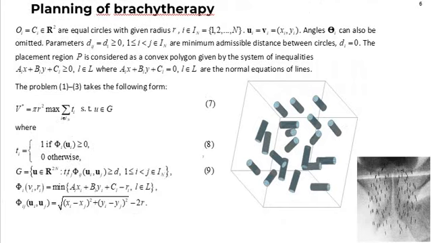The next application is brachytherapy. To achieve precise placement of cylindrical radiated capsules during brachytherapy, it is necessary to evaluate both the location and orientation relative to the target tissue.